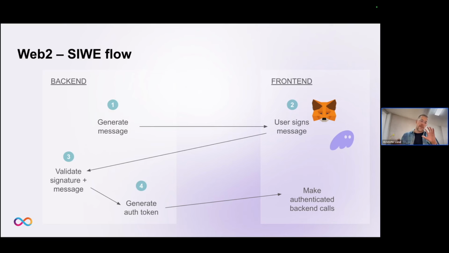And once you have found a match that the signature matches the expected signature based on that message, the backend can safely generate some kind of authentication token, a JWT token or something like that, and send that back to the front end. And from there on, the front end can make authenticated backend calls, knowing that they have used their Ethereum or Solana wallet to authenticate themselves.